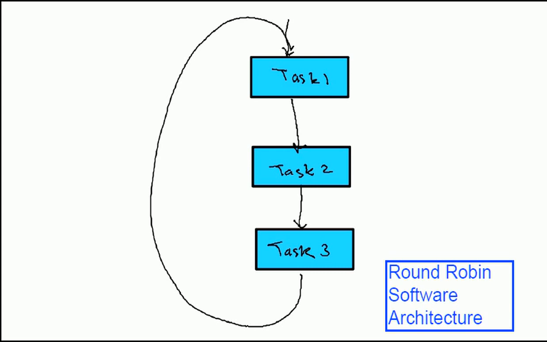Any of these tasks, for example, task 1, will check to see if there is a ready input for it. Of course, this input, as you know, can be from a switch, a sensor, a timer, and so on, a peripheral device, or a timer inside the microcontroller.